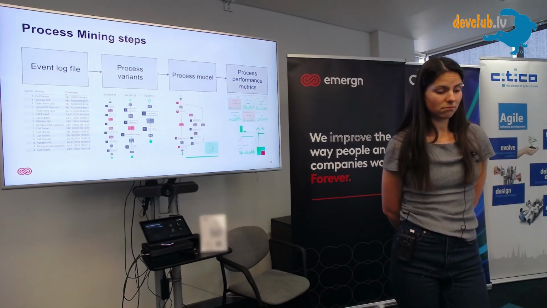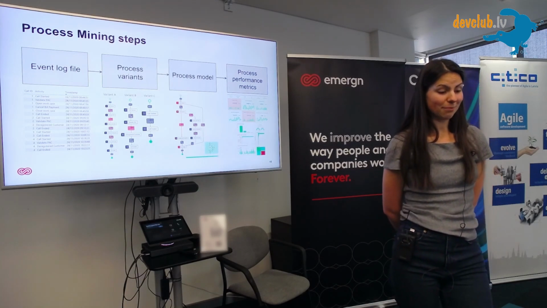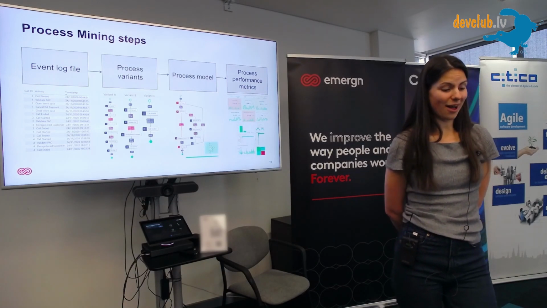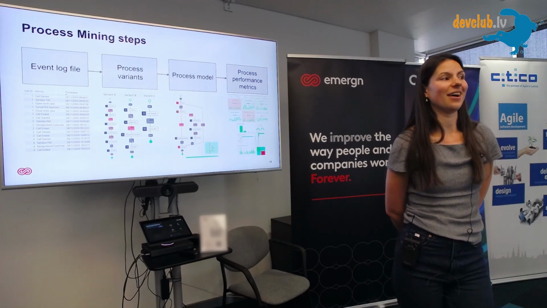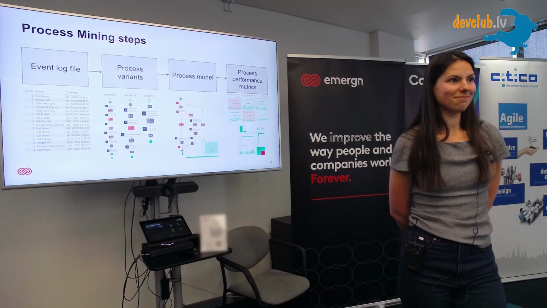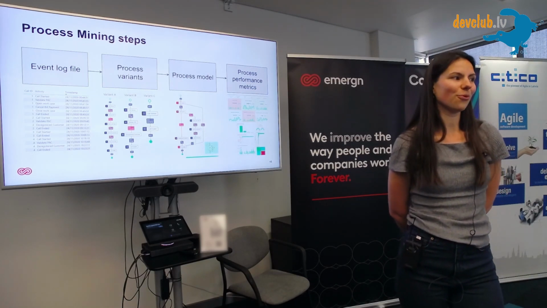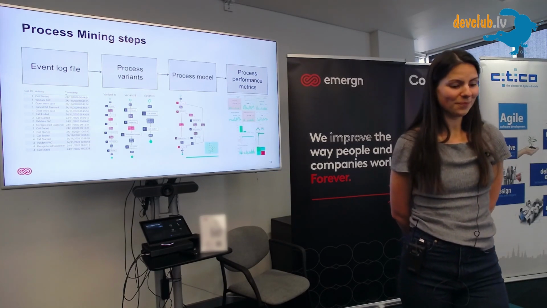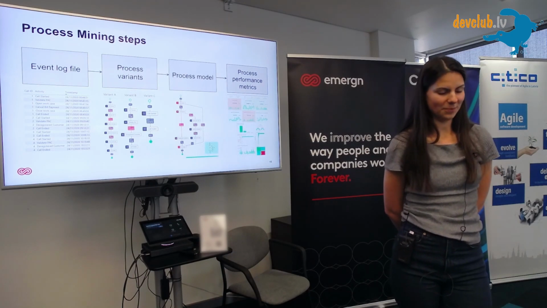Then we can make the process variant analysis, meaning that we can try to find out how different the real process is. The same process could be performed in totally different ways, and it is quite a surprise for most process owners even.